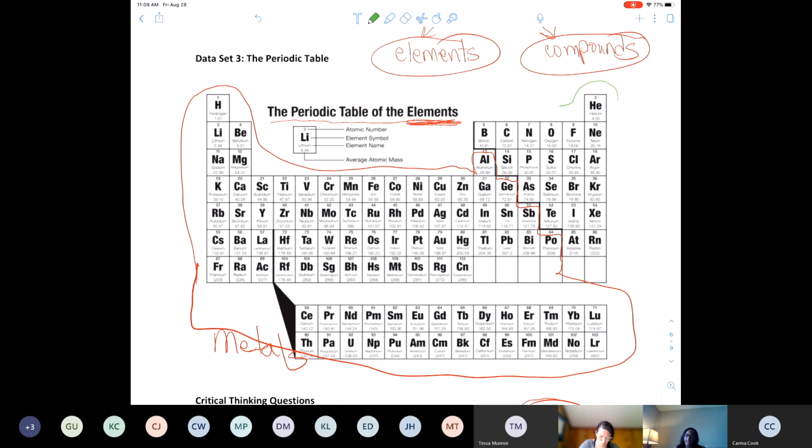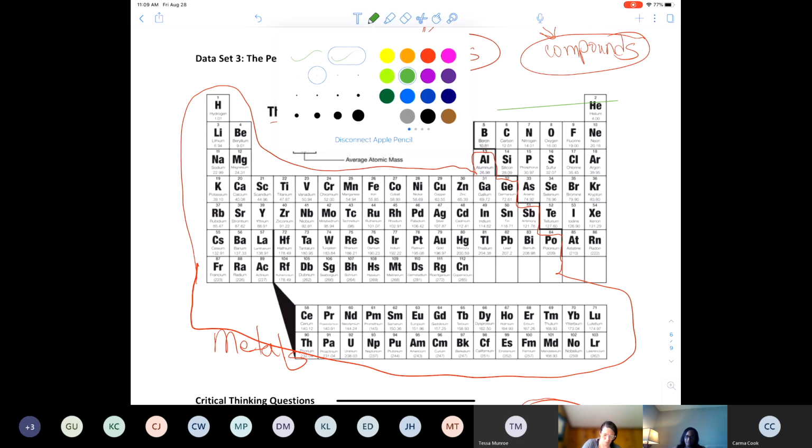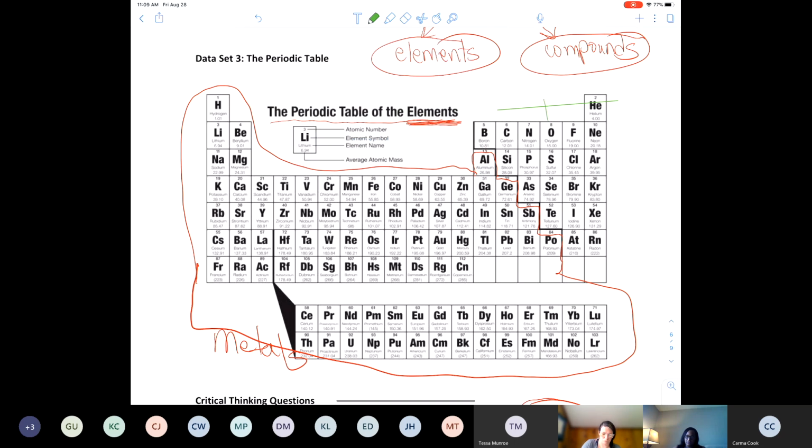All of these guys are nonmetals that I'm drawing in the green.